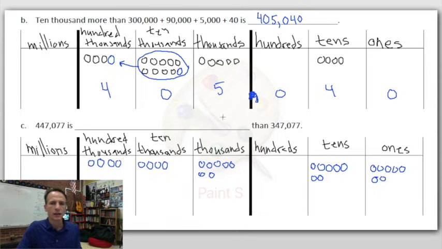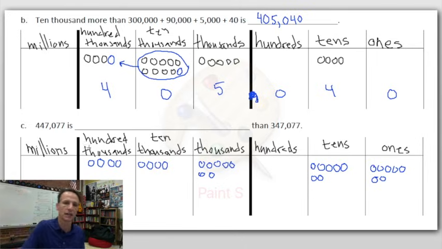1, 2, 3, 4, 5, 6, 7. Great. So now what are we doing to this number to end up with this number? 347,077. Well, if you look, let's start at the ones place. 7, 7, that stays the same. 7, 7 tens, that stays the same. 0 hundreds stays the same. 7 thousands stays the same. 4 10,000s stays the same.